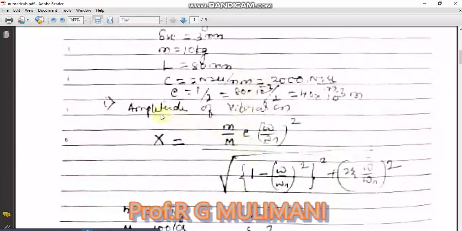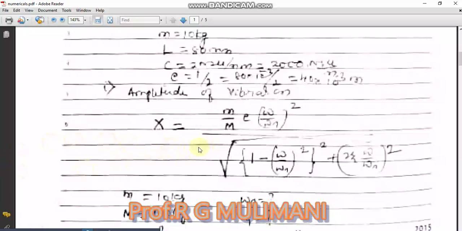Okay, we know that to find the amplitude of vibration, this is the formula. It is derived in the last video session, where x is the amplitude of the vibration for the reciprocating or the rotating parts or machines. Okay, what is this equation?